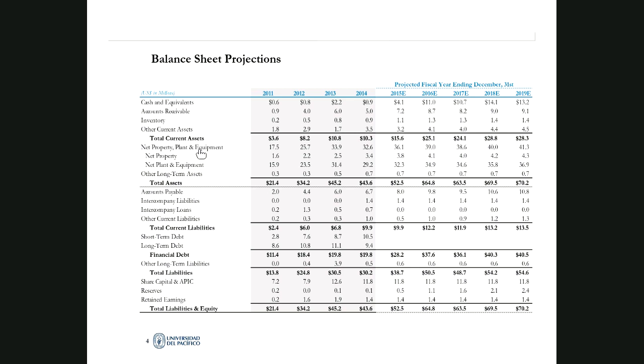In the balance sheet, in the asset side of a financial company, the main line is going to be your loans, okay, your credits, and in the liability side, your main account is going to be the deposits.